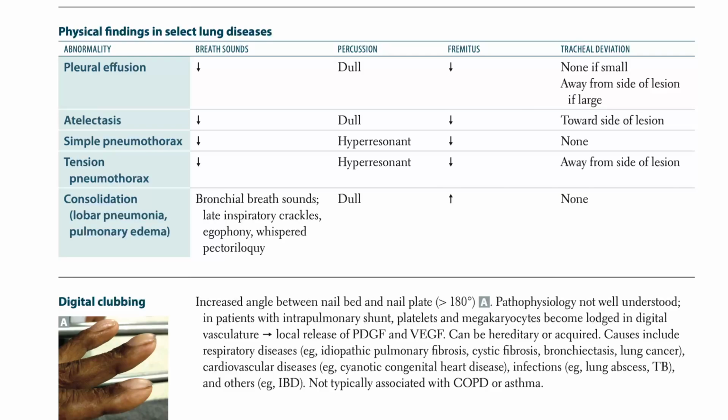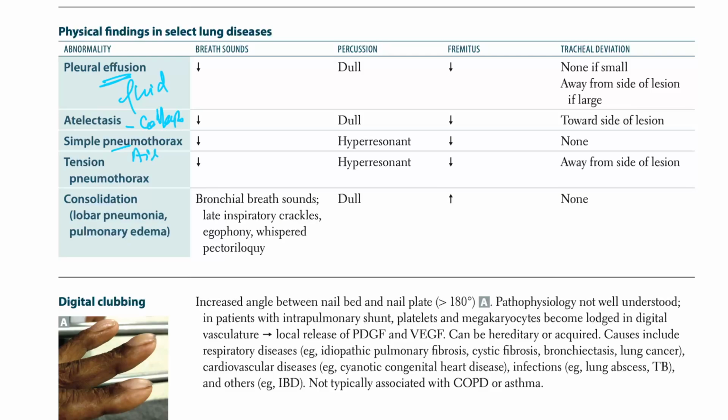So what is pleural effusion? It's basically fluid, right? Excess fluid. So I'll just write fluid here. Atelectasis is about the collapse. So the whole lung has collapsed, or some part of it has collapsed. Alveolar collapse has occurred. Pneumo is about air.